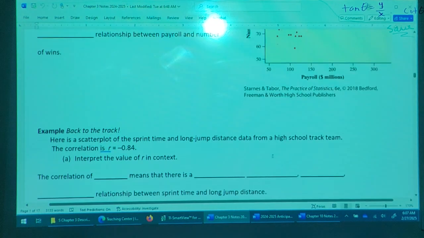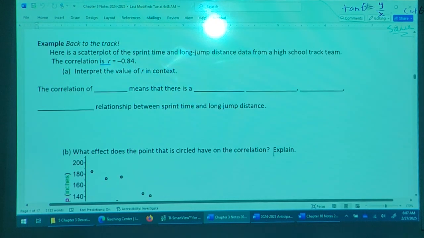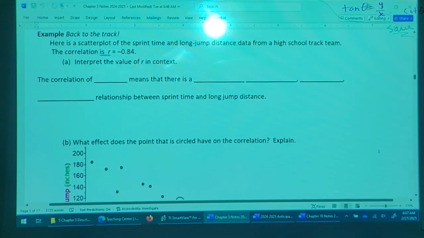All right. Example here with back to the track. So below, we got a scatter plot of the sprint time and long jump distance data from a high school track team. So the correlation was R equals -0.84.